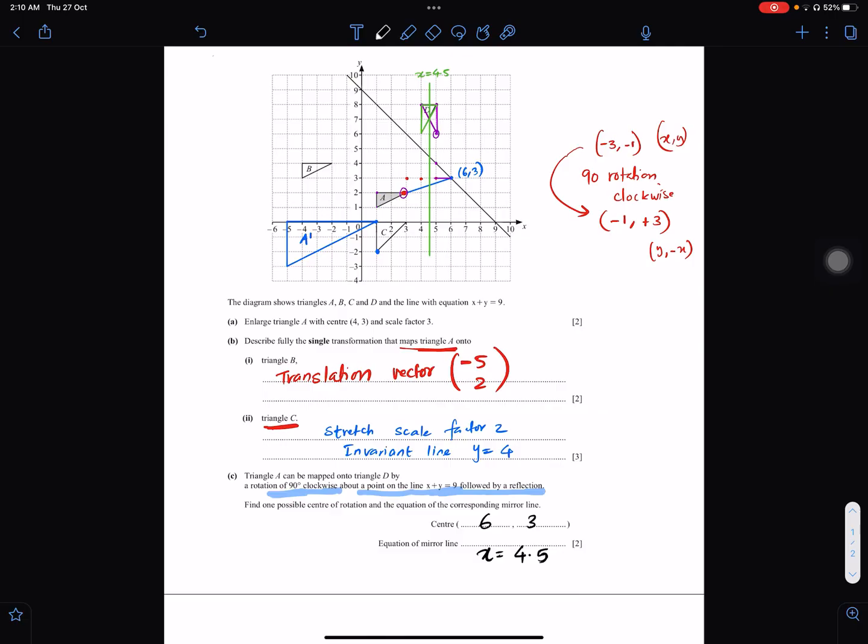But there can be many possible solutions because they are only asking about one possible center on this line. Suppose anybody is taking a different center, a different point on the line. Let's say somebody is taking this point on the line.